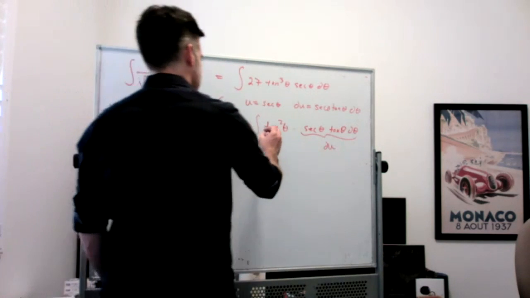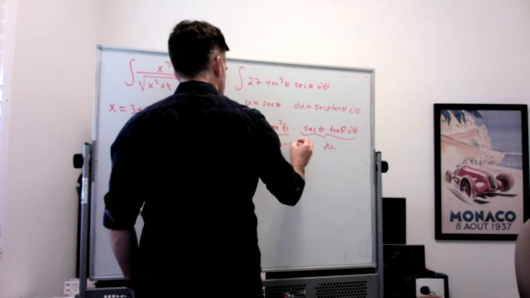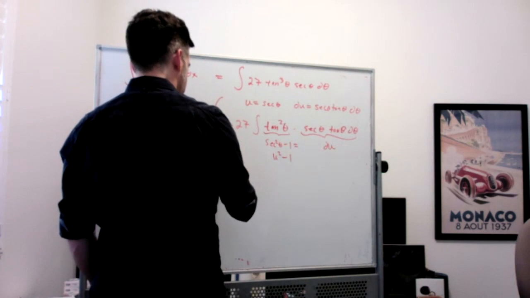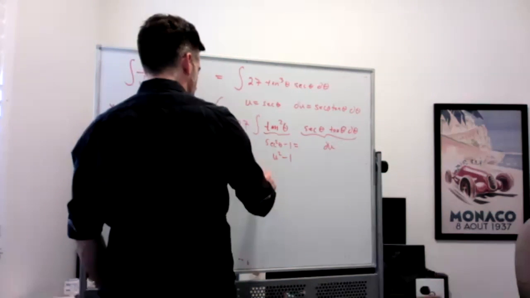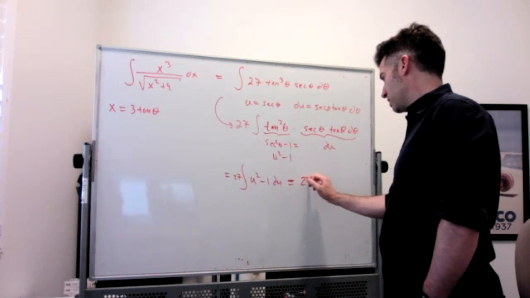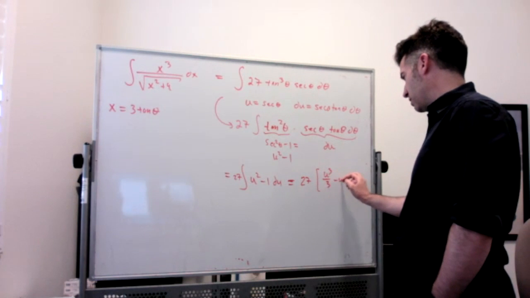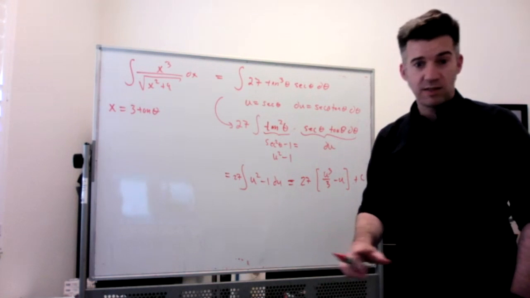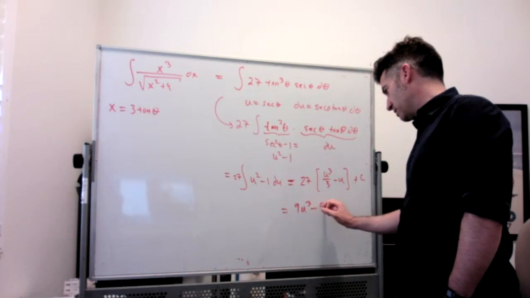So tangent squared is equal to secant squared theta minus 1, which is u squared minus 1. So we really have 27 times the integral of u squared minus 1 du, which is going to be 27 times u cubed over 3 minus u. Let's distribute the 27. So we've got 9u cubed minus 9u.